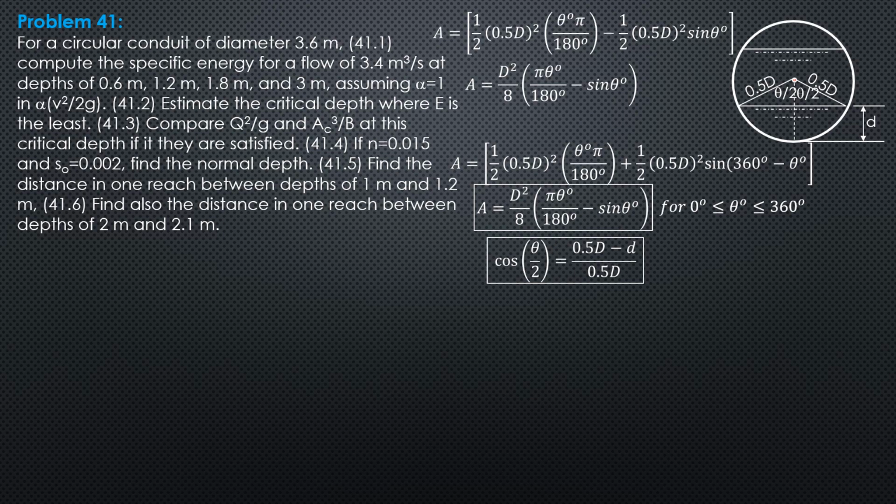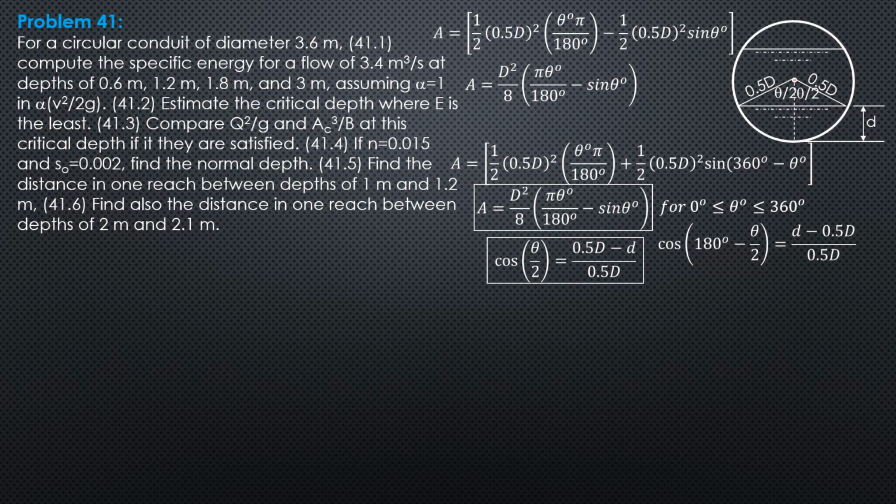Now what if the depth is above 0.5 d? So this value would be the depth minus 0.5 d. So cosine of this angle, which is now 180 degrees minus theta over 2, equals d minus 0.5 d over 0.5 d.